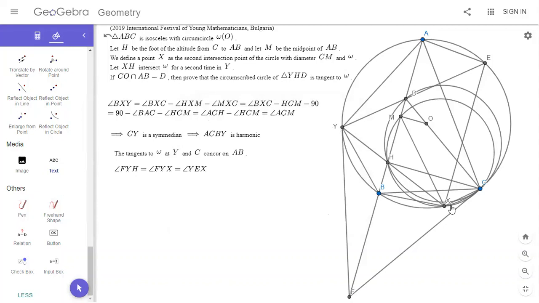So we want to show YEX is equal to YDH, but that's equivalent to the problem.